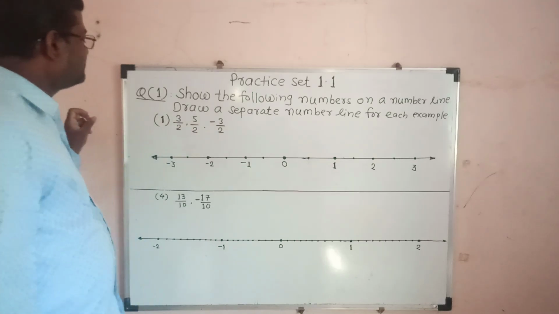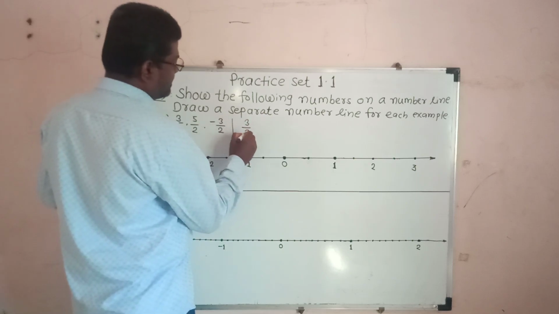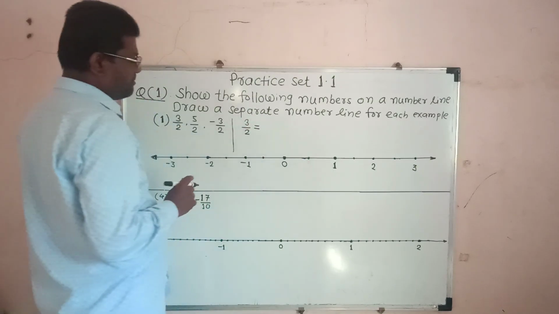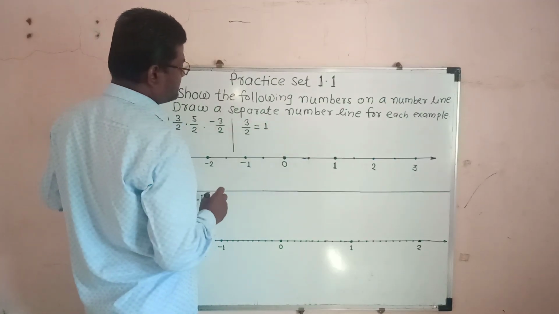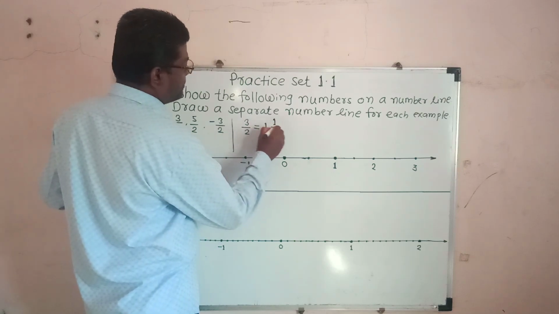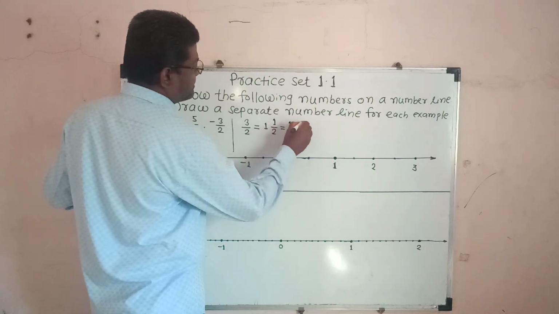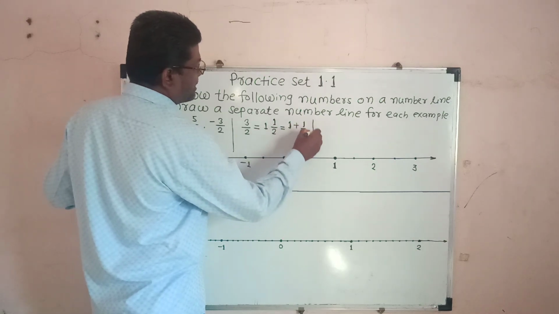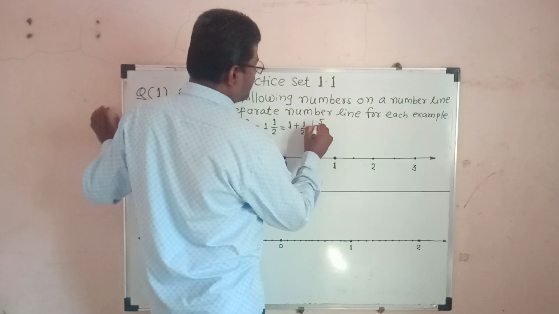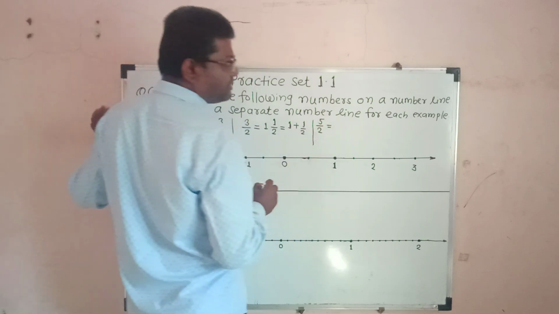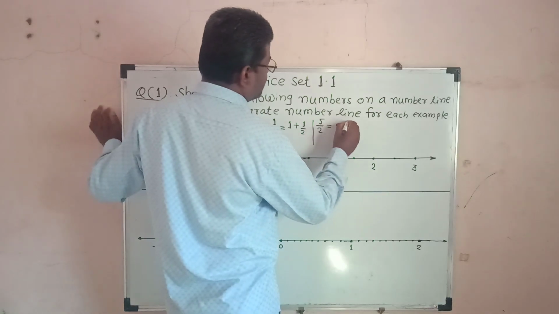Now 3 upon 2 can be converted as: divide 3 by 2. 2 ones are 2 and 3 minus 2 is 1. That will be 1 and a half, we can write this as 1 plus 1 upon 2. Now 5 upon 2. Divide 5 by 2. 2 twos are 4 and 5 minus 4 is 1.